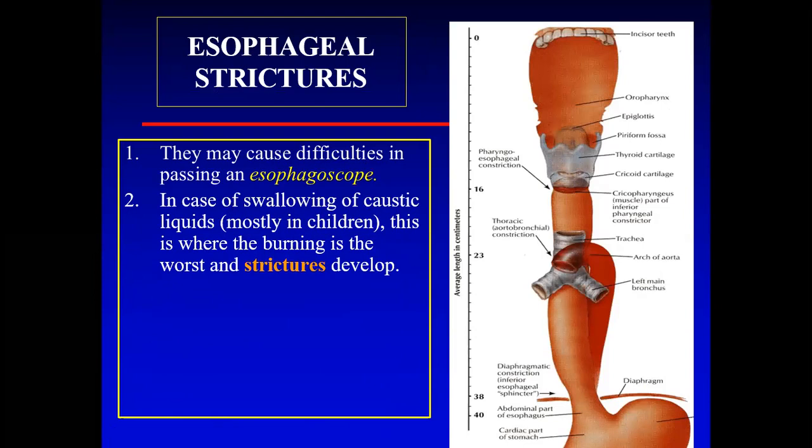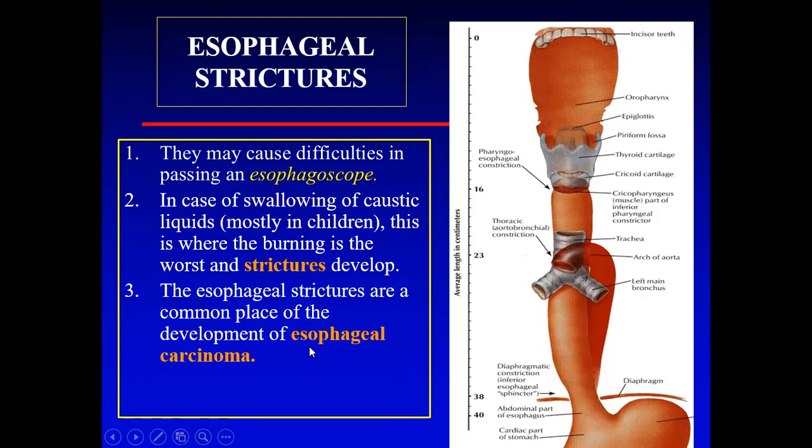In case of swallowing of caustic liquids, mostly in children, the acidic type of liquids, this is where the burning is the worst and strictures develop. So these are the three areas where there will be more burning if there is any accidental drinking of acids, and there will be constriction, strictures, abnormal structure at this level.